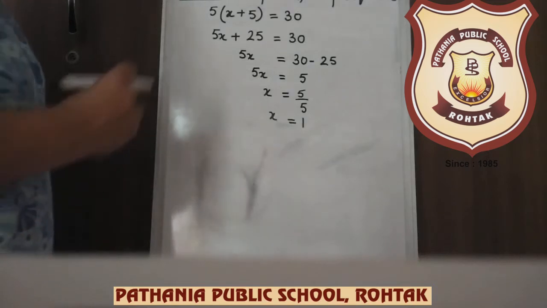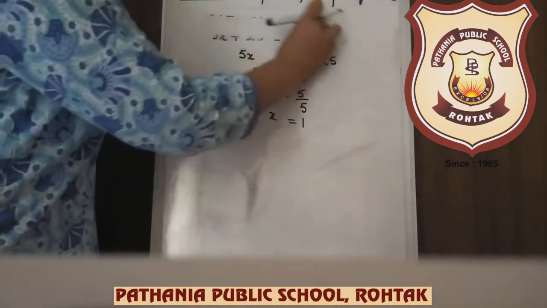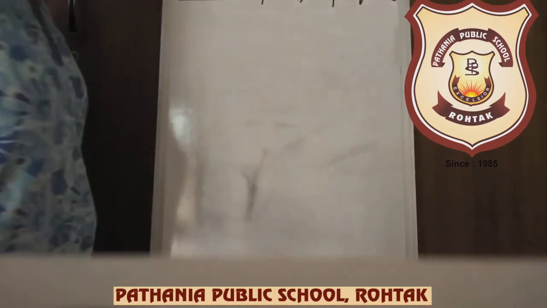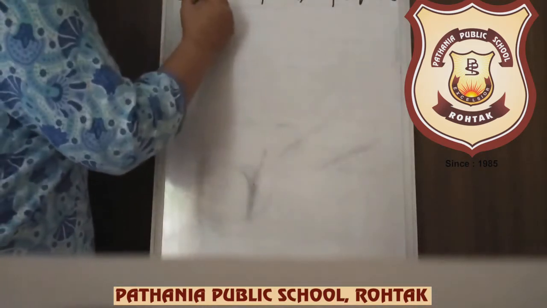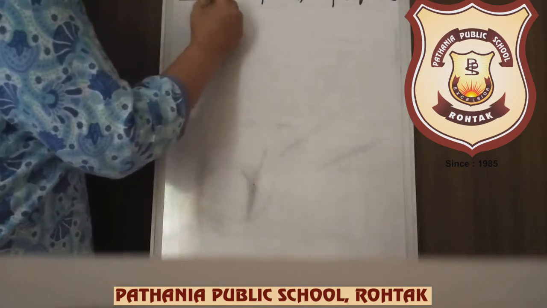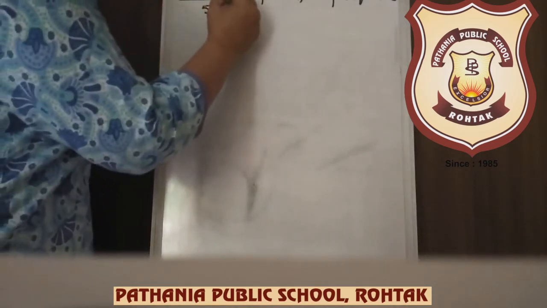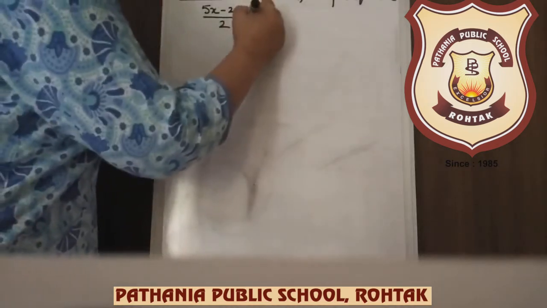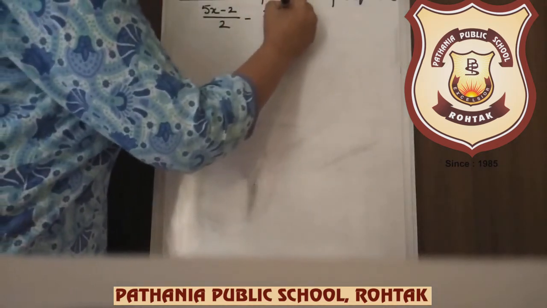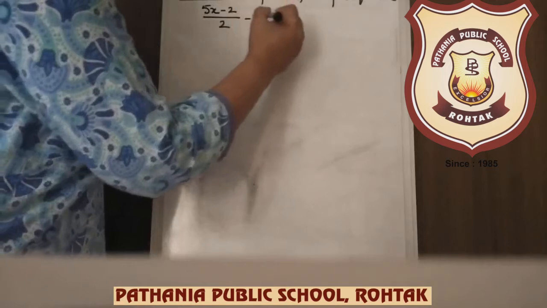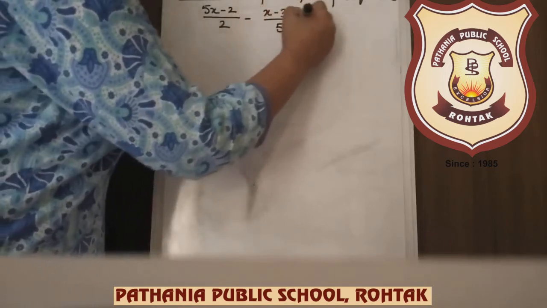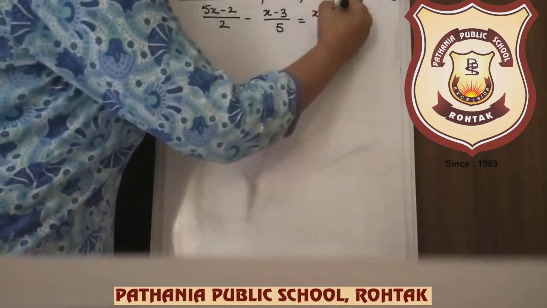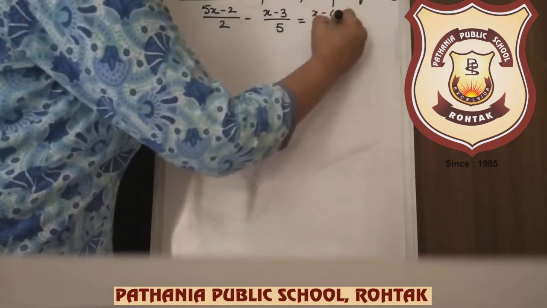Now if the equation is (5x - 2)/2 - (x - 3)/5 = (x - 6)/3.